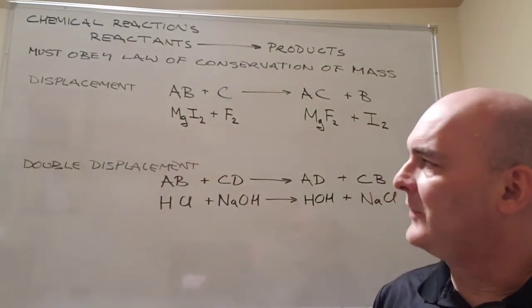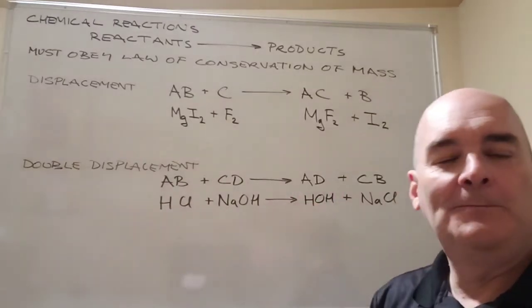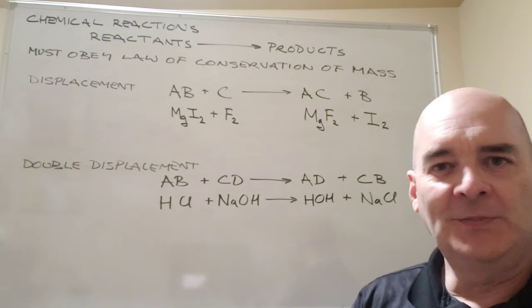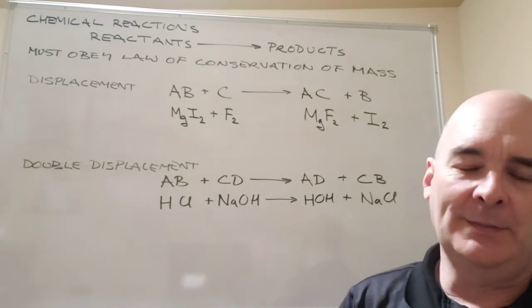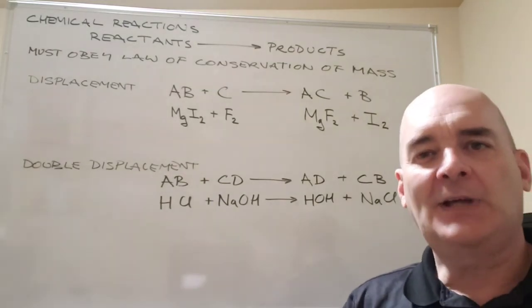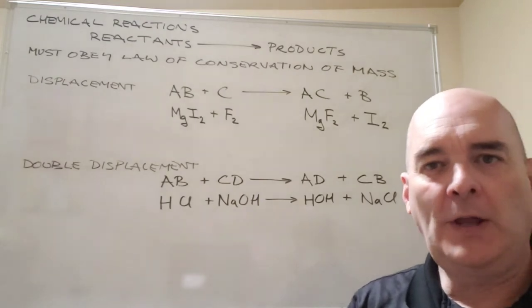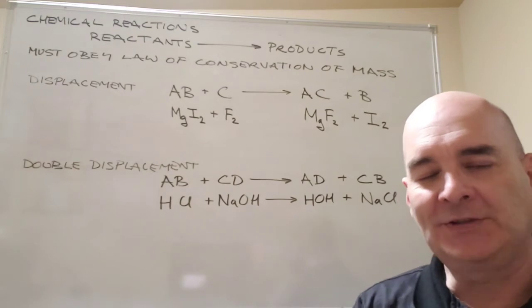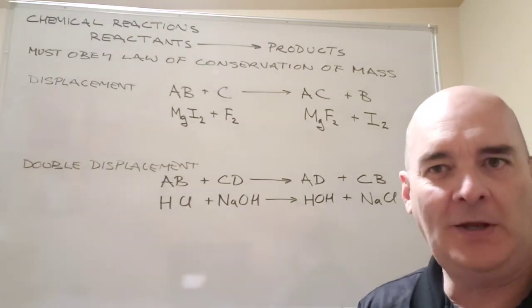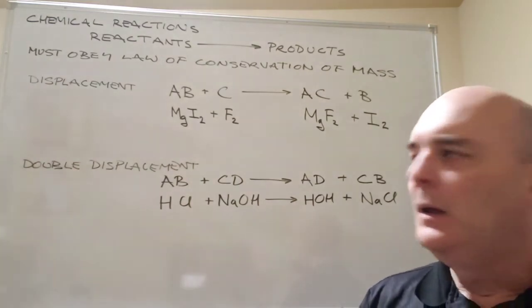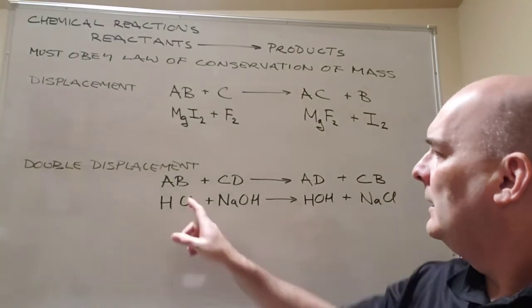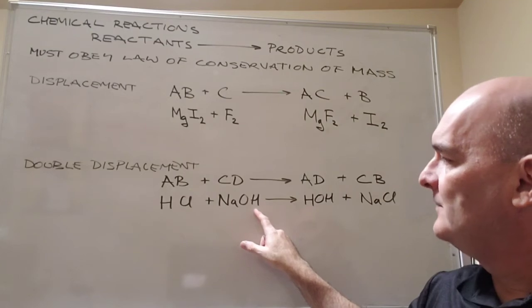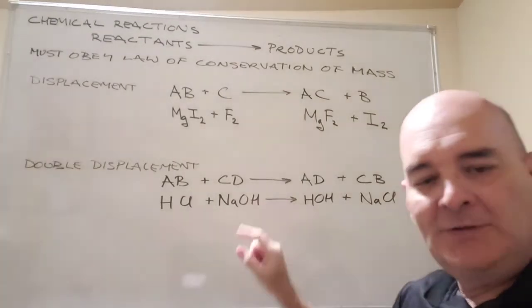An adaptation of that on a bigger scale is a double displacement. And double displacements turn out to be incredibly important because these are the basis of all acid-base interactions. We haven't learned about acids or bases yet, but you've probably heard of the names of them. Hydrochloric acid and sodium hydroxide are going to react.